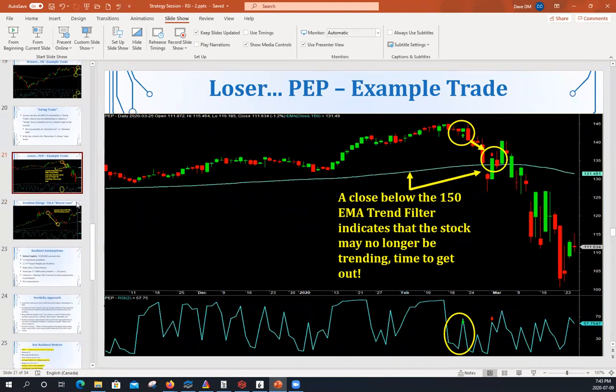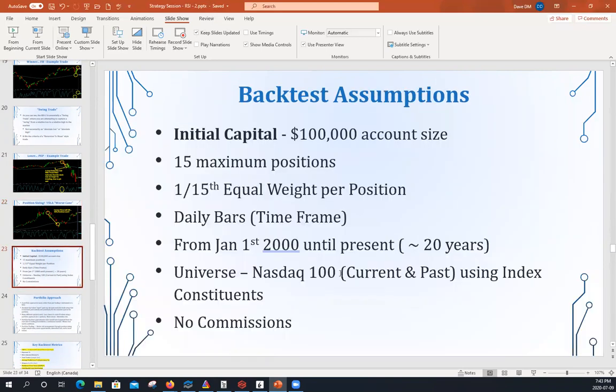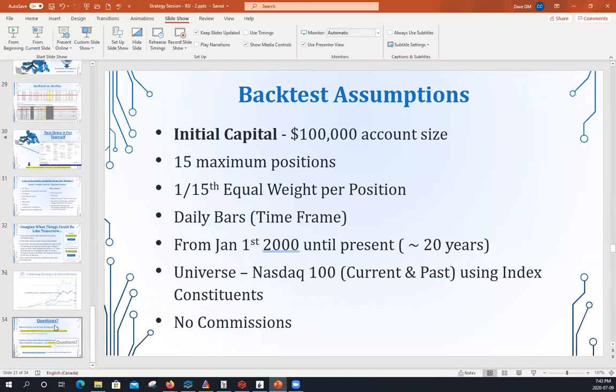Here was a close below the 150 EMA, and here was a worst case, almost 48% drawdown on one position, which is why we position size accordingly. I hope that answers your question. Also, we're using 15 positions. Our universe is the NASDAQ 100 current and past, and we weren't using any commissions for this.